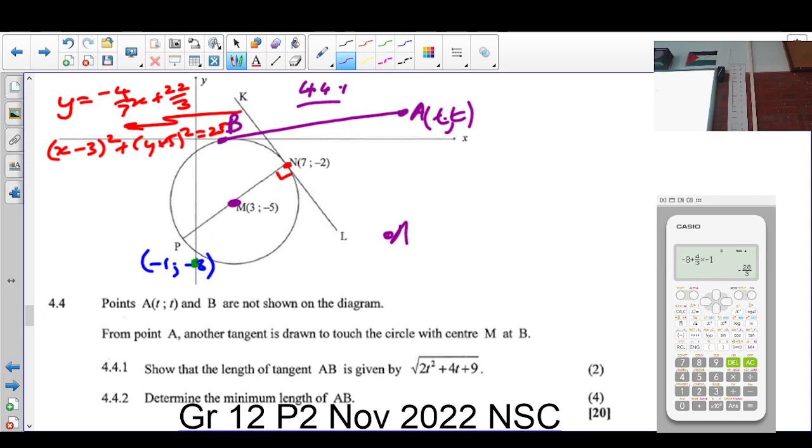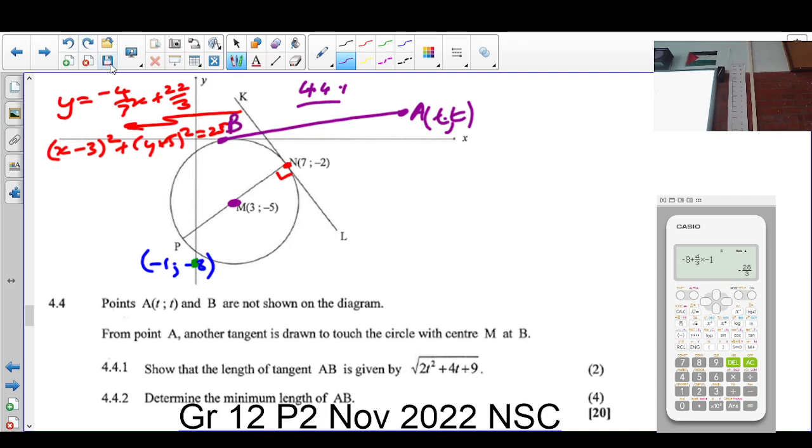If I draw A here, then the tangent would have been there. Or if A is there, I would have drawn a tangent there or wherever. You guys understand? As long as it's a tangent to the circle.